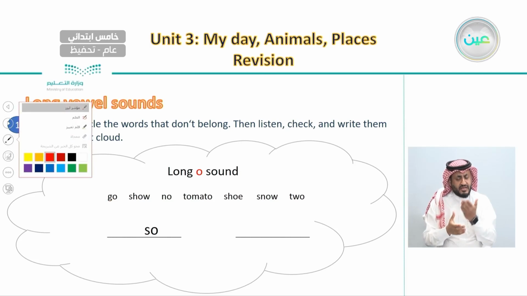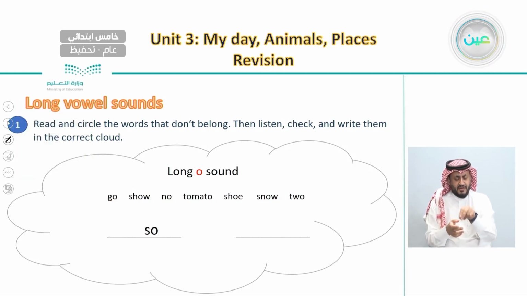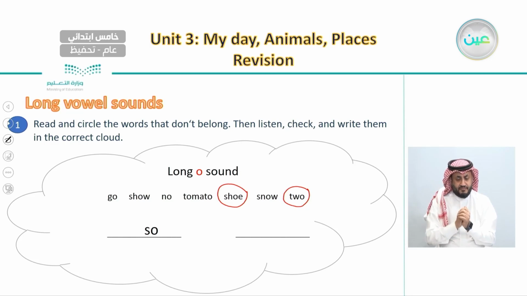So what do we do? What we should do here is circle the word shoe. Also the word two. This is a sound that does not belong. It doesn't have the same sound as snow, tomato, no, show, go, and so.